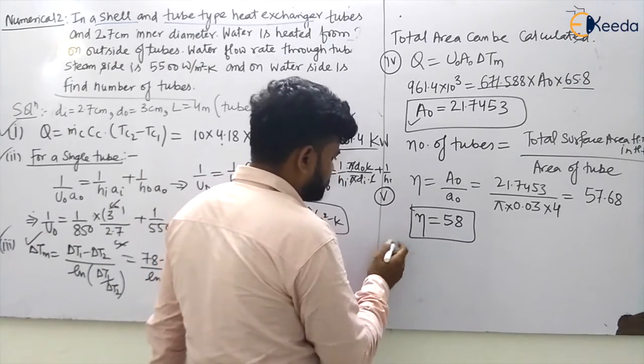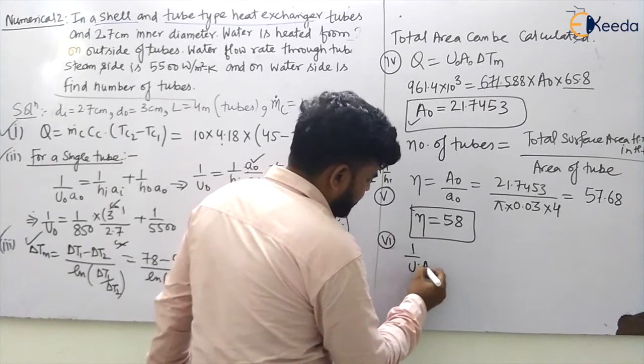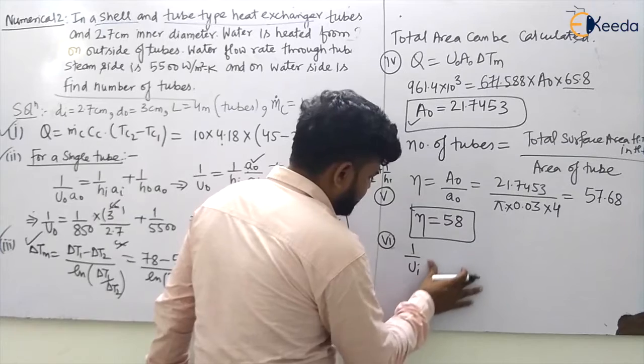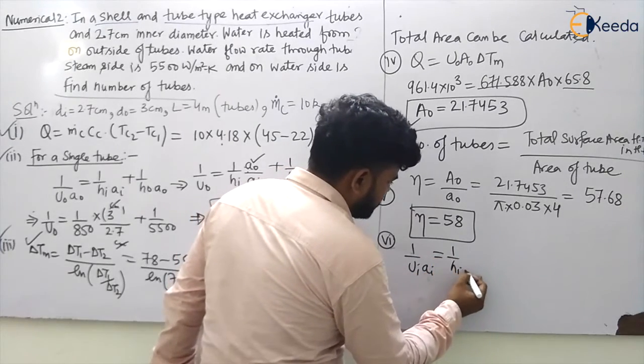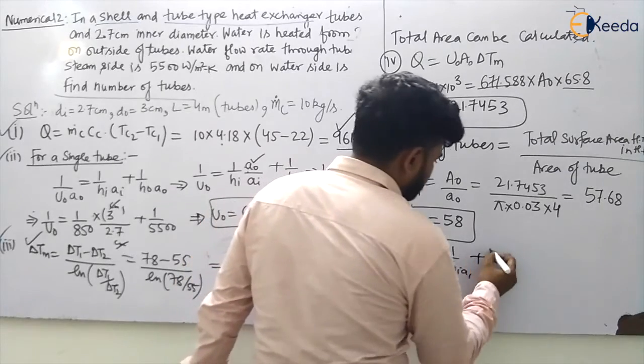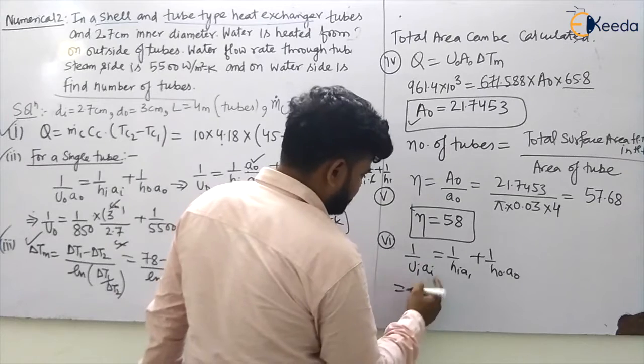So how I can calculate the inside? Let us see the sixth concept. So this will be 1 upon Ui Ai, that is small ai, is equal to 1 upon hi into ai, plus, for the tube I am considering, 1 upon h naught into a naught. So let us again do this, multiply with ai both sides.